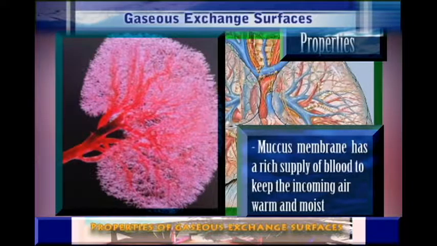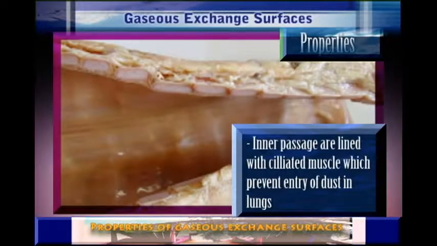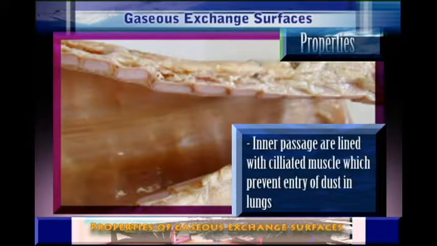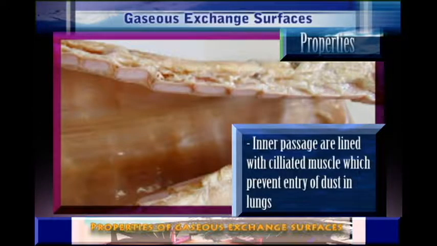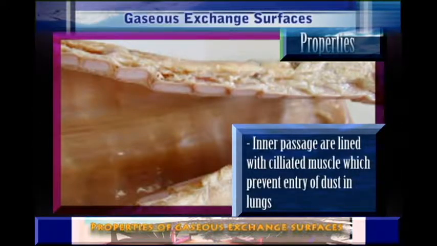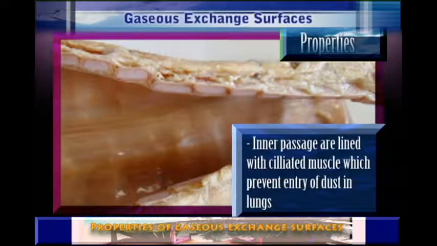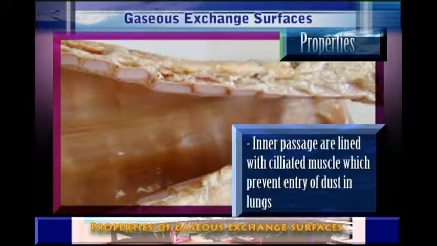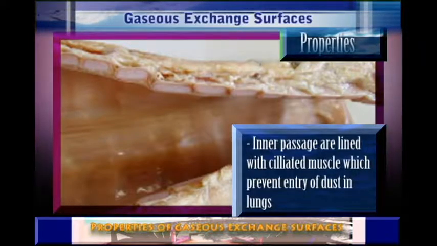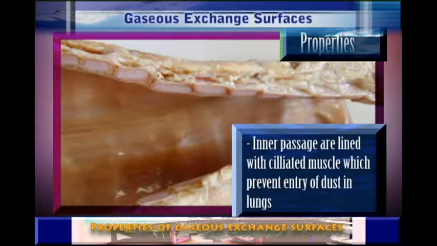And lastly, the passage lined with the mucous membrane and the cilia prevents the entry of dust into the lungs. That's what we can say about the properties of gaseous exchange surfaces.